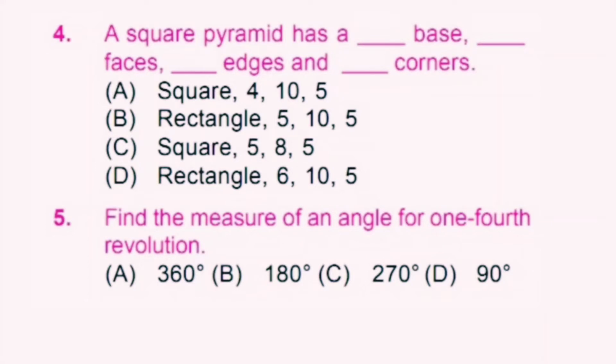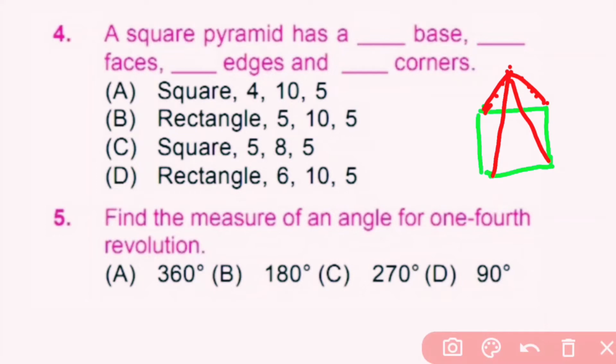Question number 4. A square pyramid has dash base, dash faces, dash edges and dash corners. Now we first draw the square pyramid. The square pyramid is like this. So it has a square base. This is the square base. Faces: this 1, this 2, 3, this 4 and down 5.